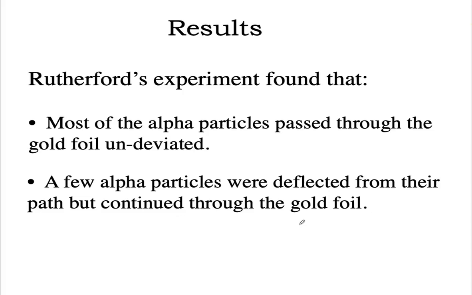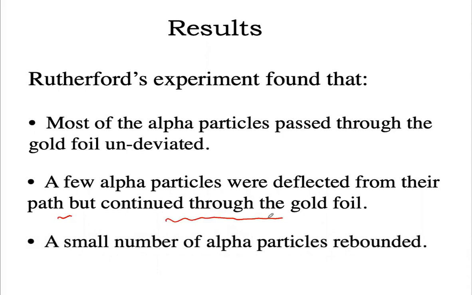A few alpha particles are being deflected from their path, but they continue through the gold foil. A small number of alpha particles have been rebounded and retraced at an angle of 180 degrees.